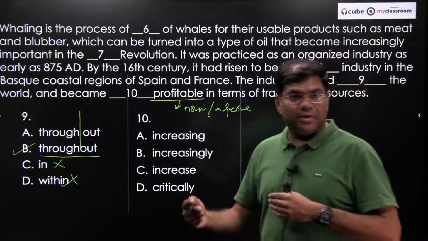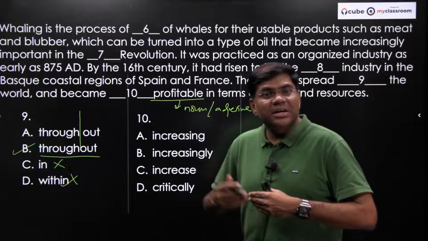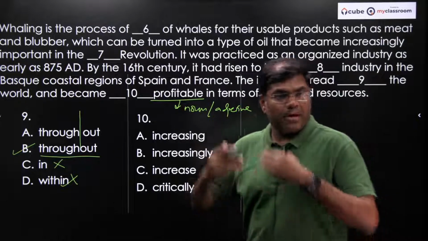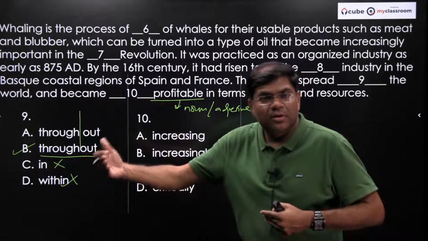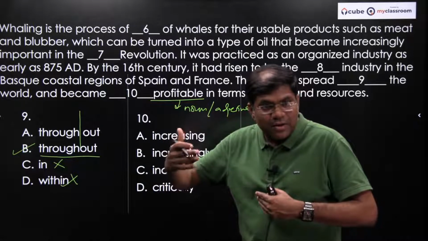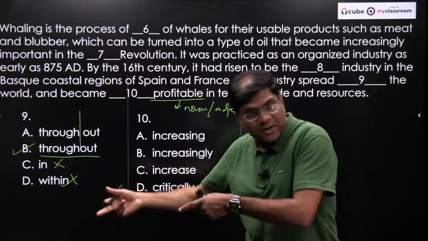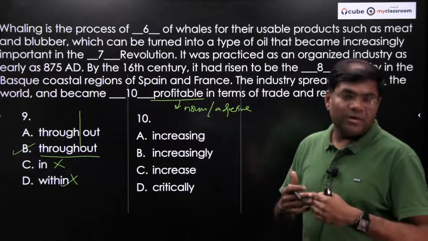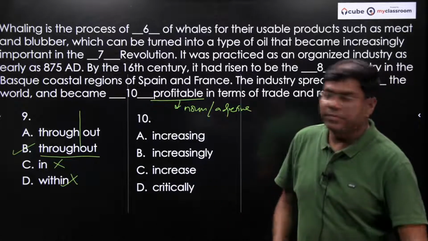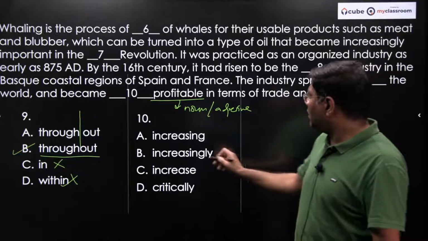It is difficult. It is becoming increasingly difficult. Difficult adjective है. Increasingly difficult. तो increasingly adverb है किसके लिए? Difficult adjective के लिए. So whenever you place something before an adjective, it has to be an adverb. ठीक है? So it is becoming what?